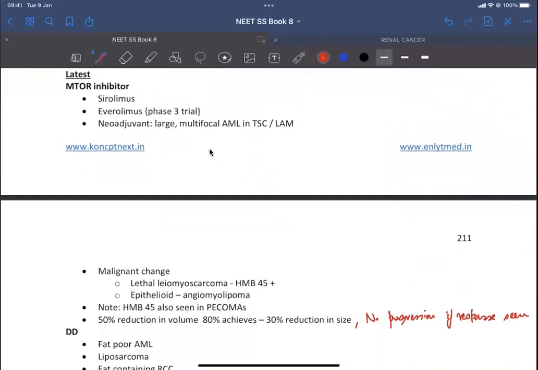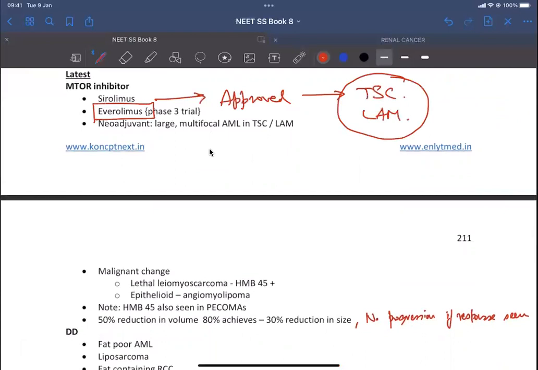Right, so that's the last one. Everolimus is the only drug that has now been approved, and it's only approved for patients who have tuberous sclerosis or LAM. It is not for sporadic cases.